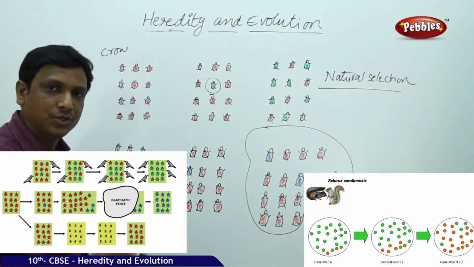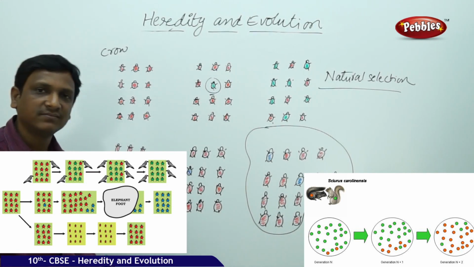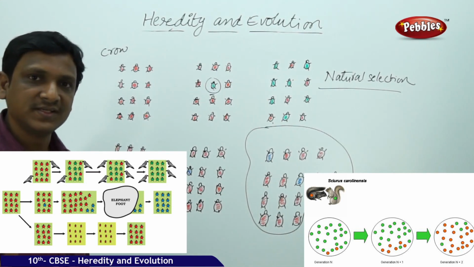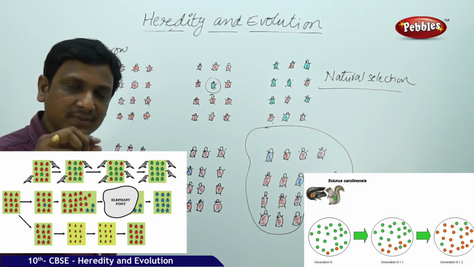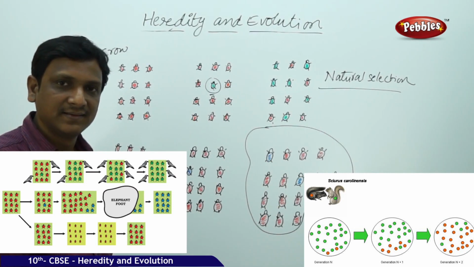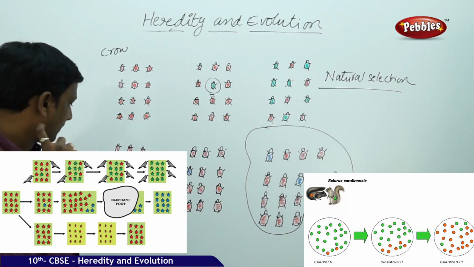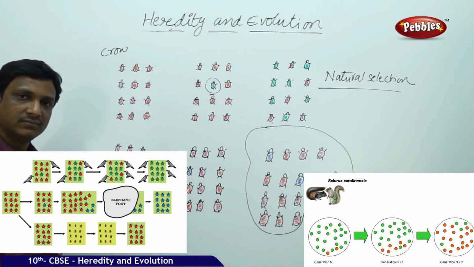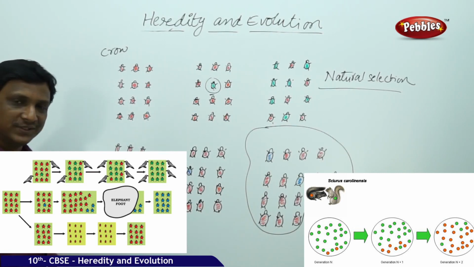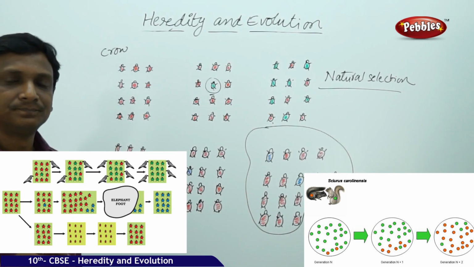Small. Can you consider this as a variation? Due to the insufficiency of food, the organism reduces in its size. Do you think it is a variation? We cannot say it is a variation, but will this change be reflected in the next generations?